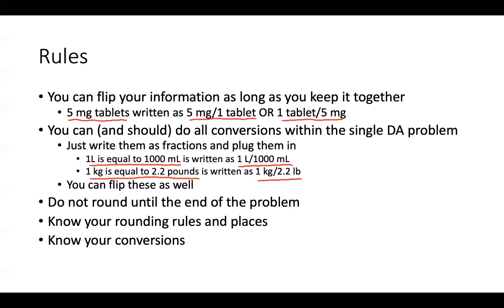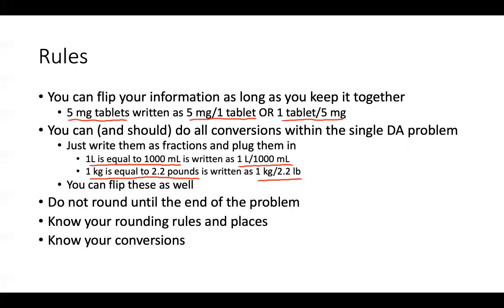All right, the next rule, don't round until the end of the problem. Okay, and when you're using dimensional analysis, that's usually not an issue, because once you set your problem up, you just multiply straight across, divide, and then you round, okay? But just make sure that if you are doing conversions outside of the problem, which I strongly advise you not to do, that you are not rounding, okay?